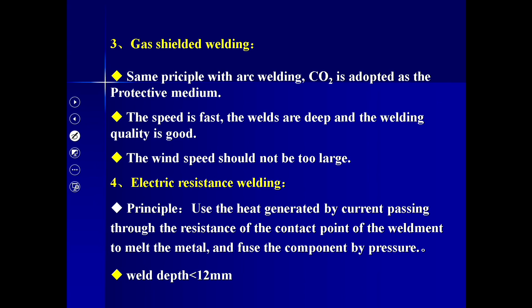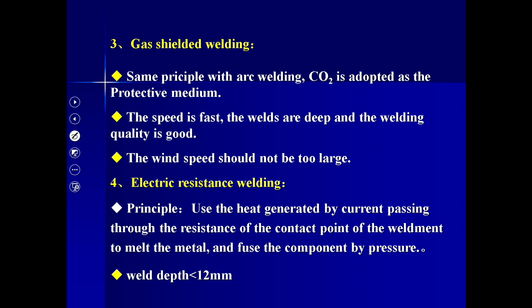They also have a lot of other welding methods. I will not speak too much about the other methods. One is the gas shielded welding method. Another is the electric resistance welding method. The gas shielded welding method has the same principle as the arc welding method, and the speed is fast.